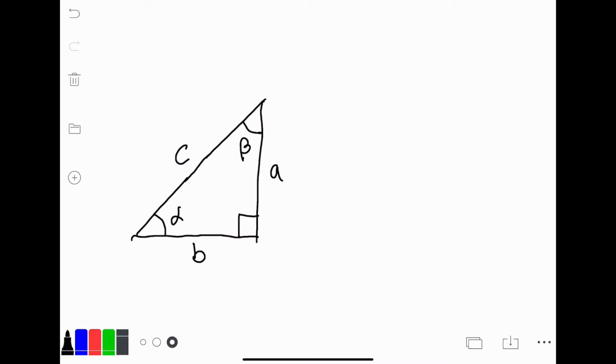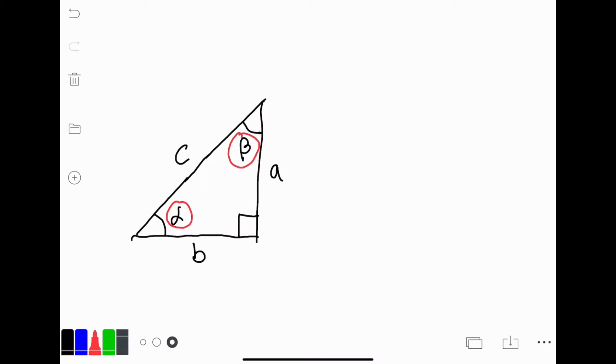So let's talk about the relationships that we can find within a right triangle. First, with the two angles alpha and beta, is there something that we know has to be true that relates alpha and beta together? Yes, we do. We know that all angles in a triangle have to add up to 180 degrees.